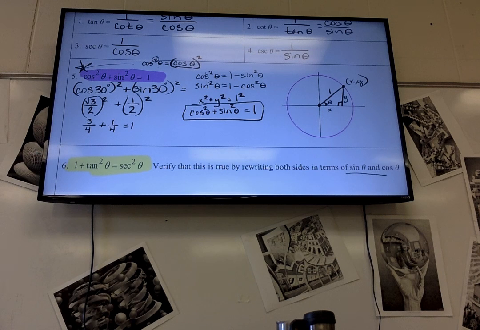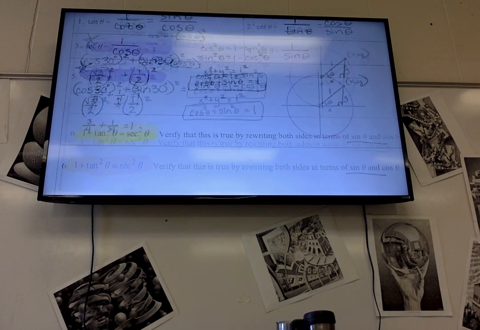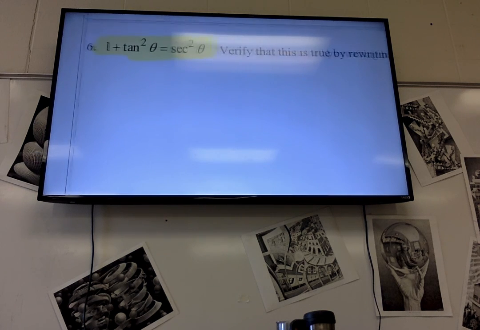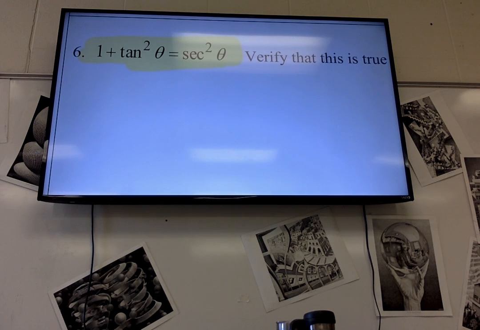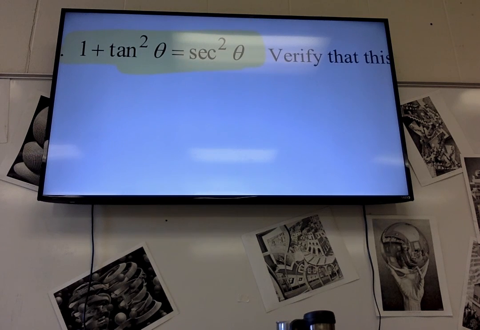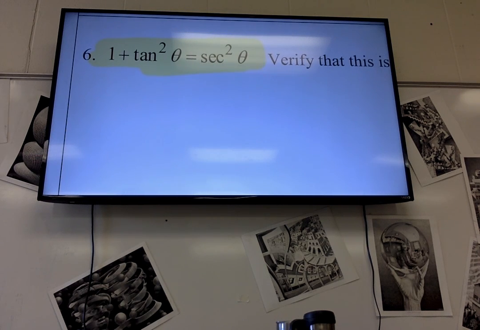Anybody still using number 5? All right. So according to number 1 up there, I can rewrite tangent squared using cosines and sines. Tangent is equal to sine over cosine.